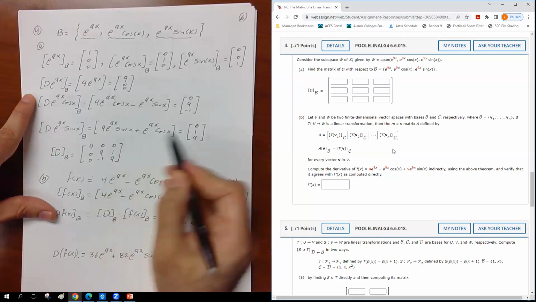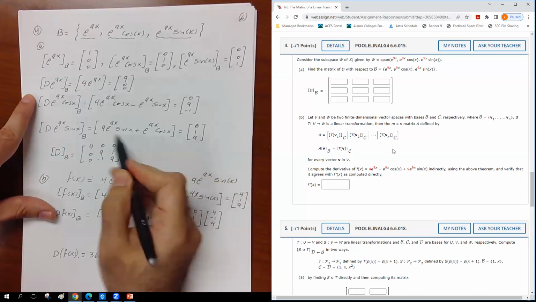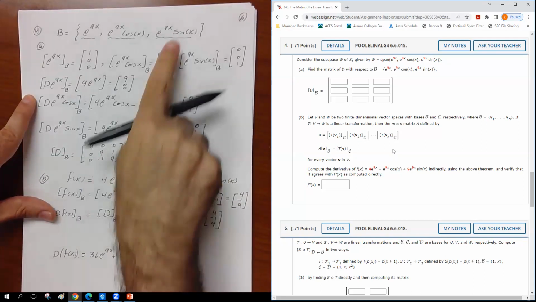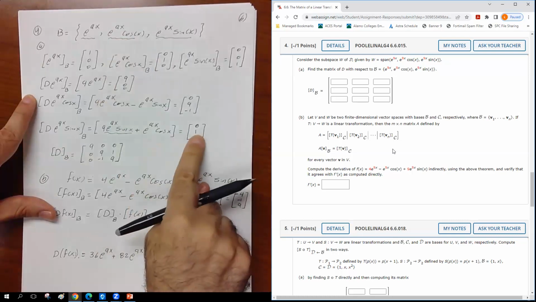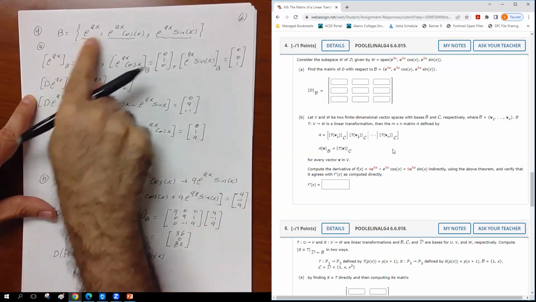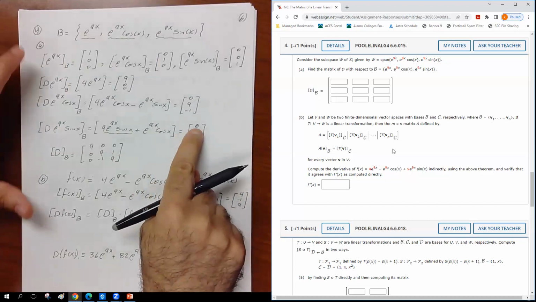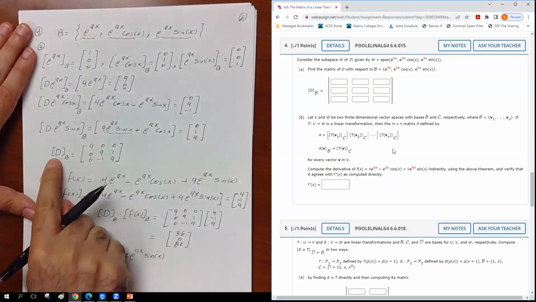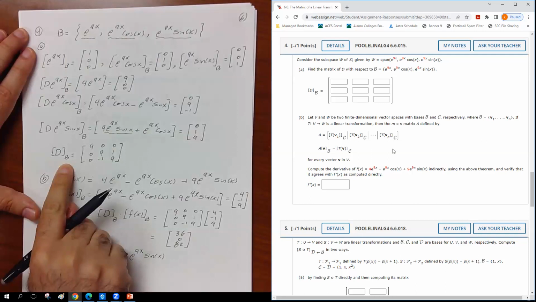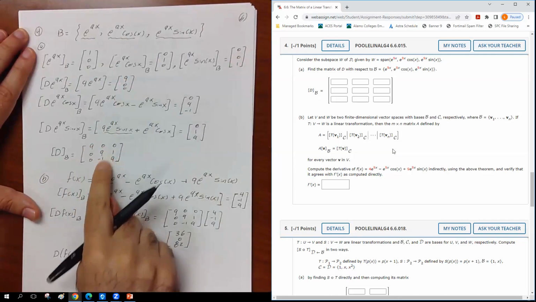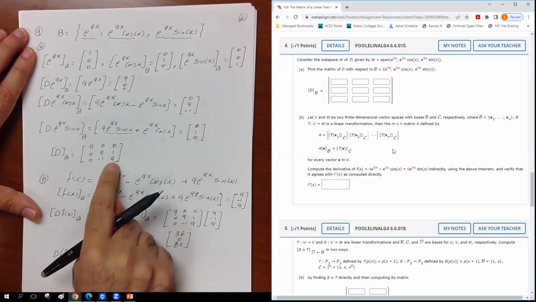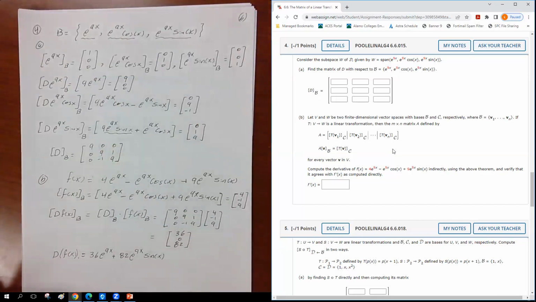So now it's going to be 0, 1, 9, because here it belongs to the third part, so it's going to be 9 here. This one belongs to the second one, so it's going to be 1 here, and we don't have e to the 9x, so the first one is going to be 0. So the matrix D with respect to the base B is going to be the first column 9, 0, 0, then 0, 9, -1, and 0, 1, 9. So this is the first part.